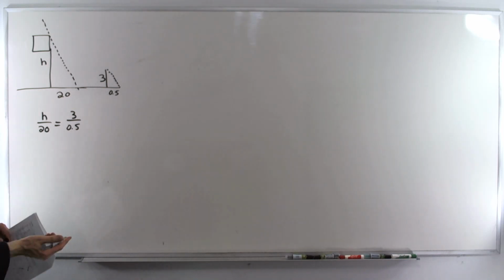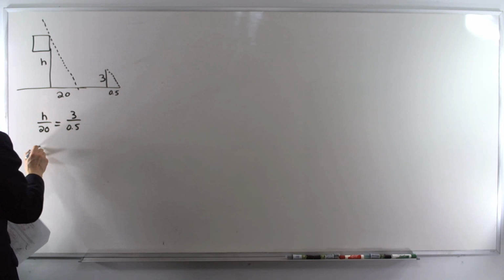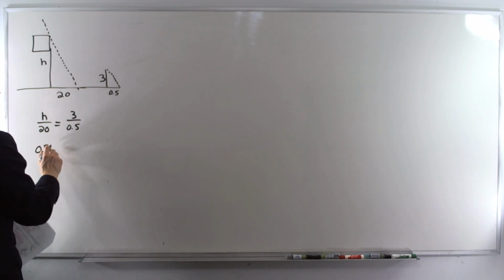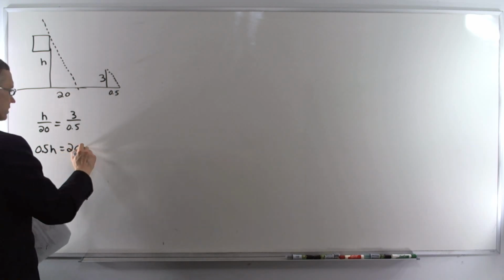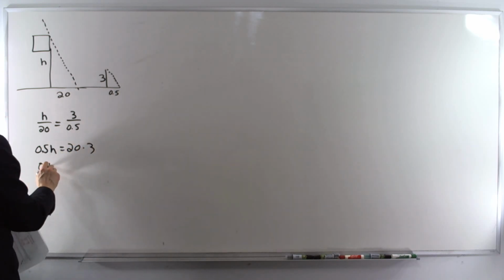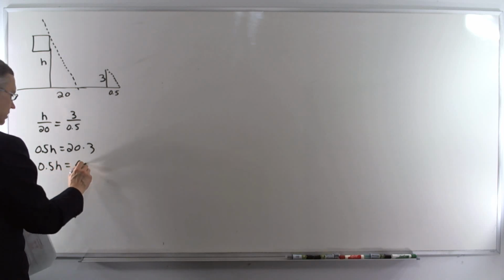Now we have a proportion, we can set this thing up: 0.5 times h, and 20 times 3, so 0.5h equals 60.